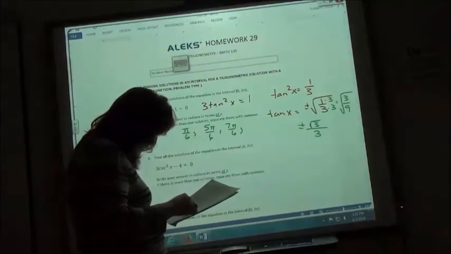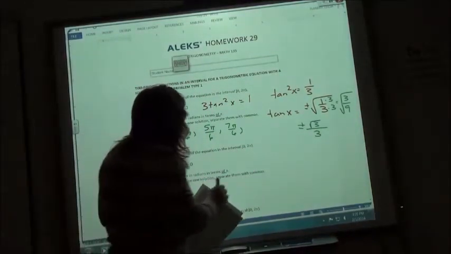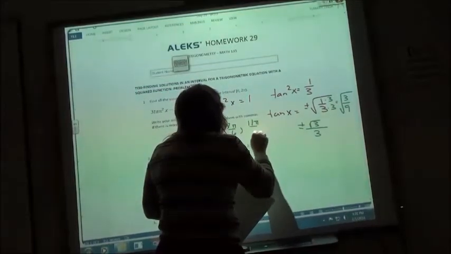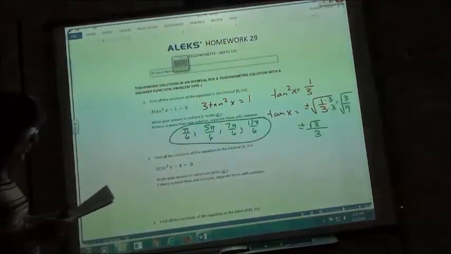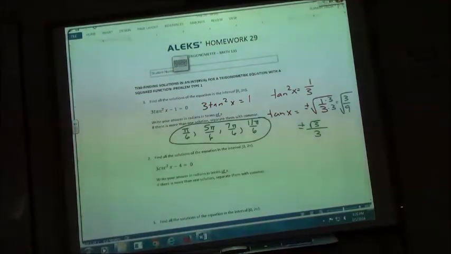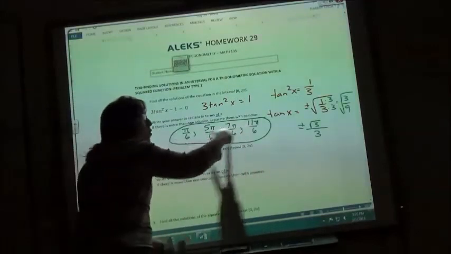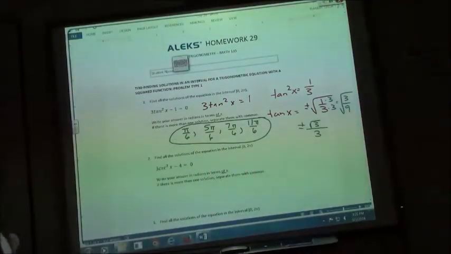And if I keep going down, I have a negative square root of 3 over 3 at 11 pi over 6. So again, I should have 4 answers, 2 that were at square root of 3 over 3, and 2 that are at negative square root of 3 over 3. You don't have to have these in order. If you have them in a different order, that's fine.